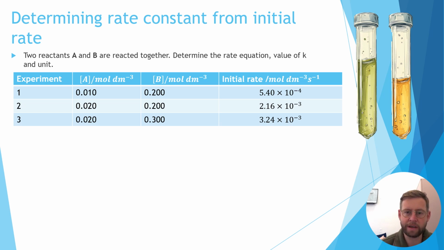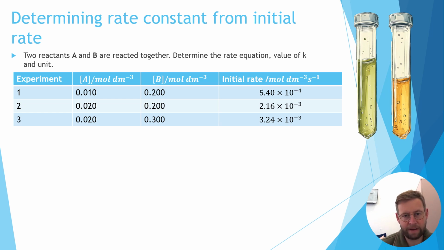If we look at 5.4 times 10 to the minus 4 and multiply that by 4, that would give us 2.16 times 10 to the minus 3. That gives us a clue that A must be second order. If you're doubling the concentration and quadrupling the initial rate, then it's not directly proportional.